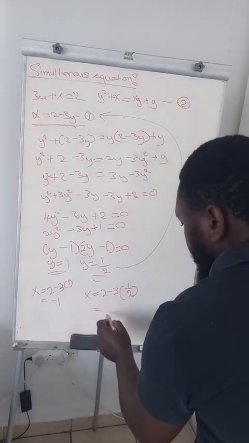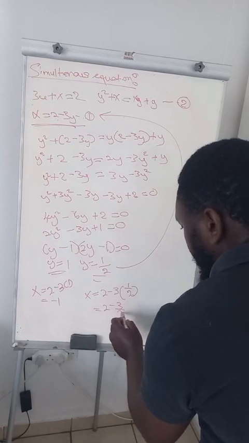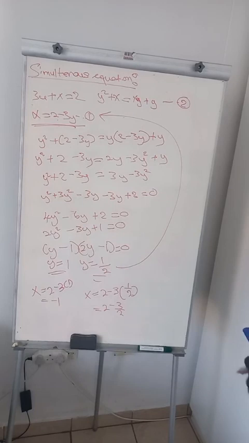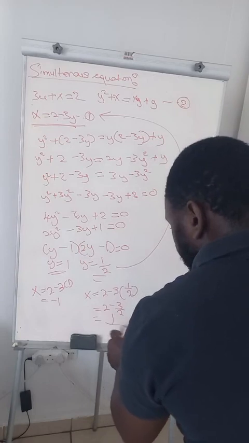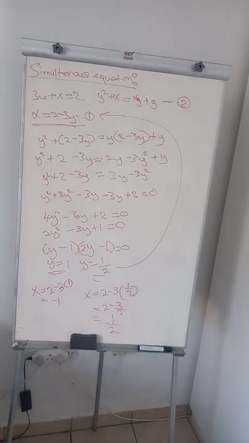This will just give us 2 minus 3 over 2. Then you can use a calculator. 2 minus 3 over 2. The answer will just give you half, which is 1 over 2. So this is how you're supposed to solve a simultaneous equation.